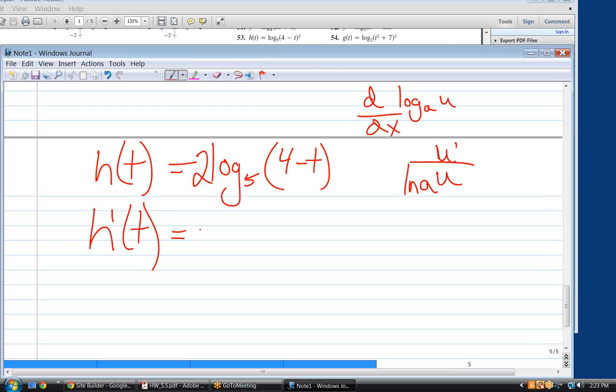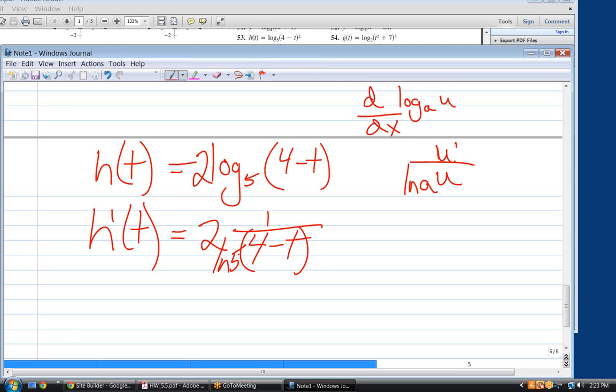And then, so that's 2 times 1 over 4 minus t times natural log of 5, times u prime.